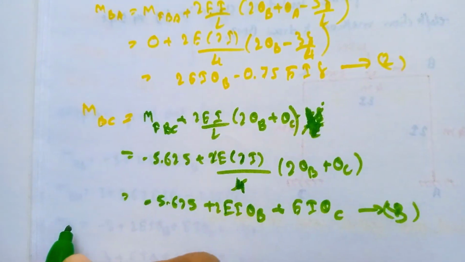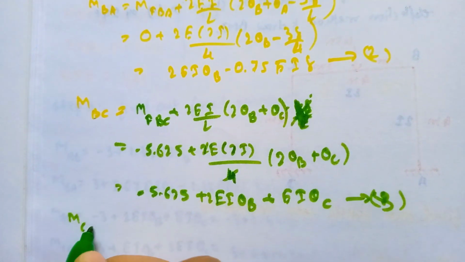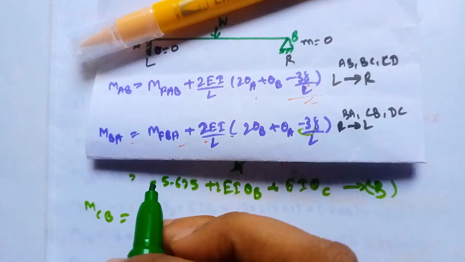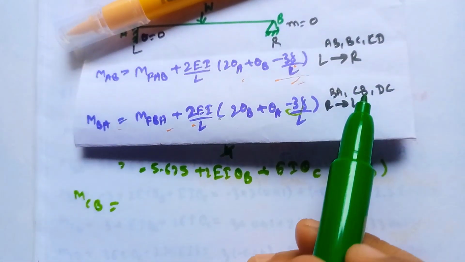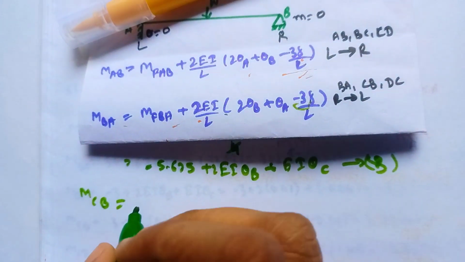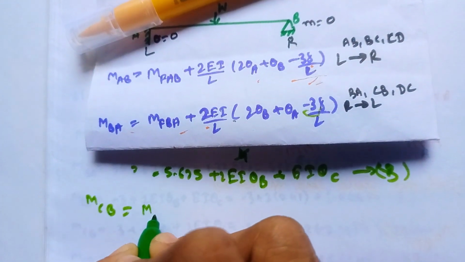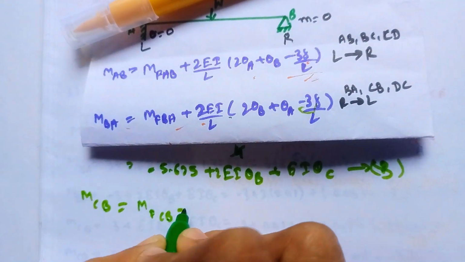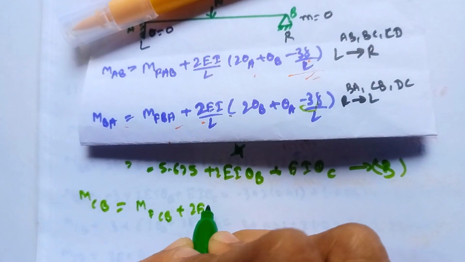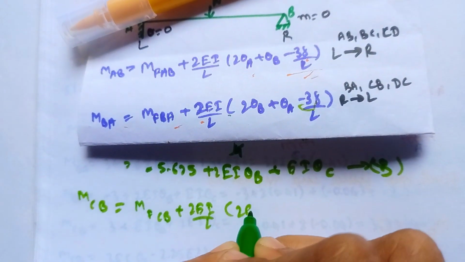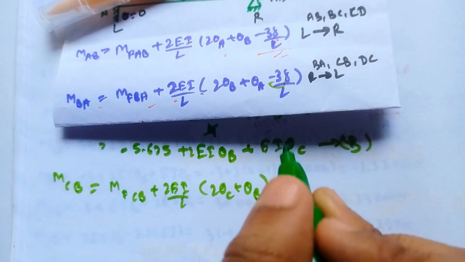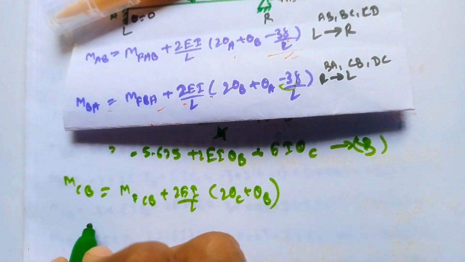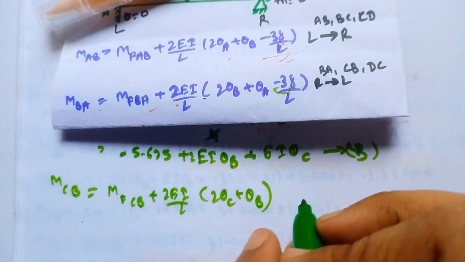Similarly, we will see for MCB. In case of BA, we need to put CB. MCB is equal to MFCB plus 2EI divided by L, 2 into theta C plus theta B, minus 3 delta divided by L. We should not add it because it is a horizontal member.